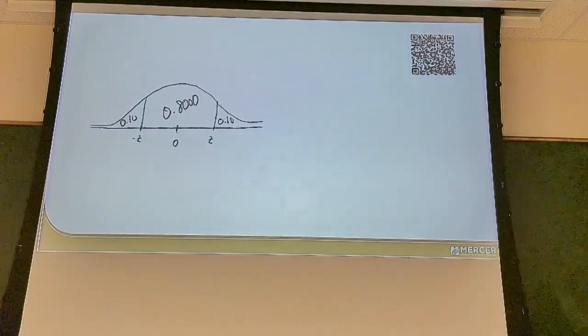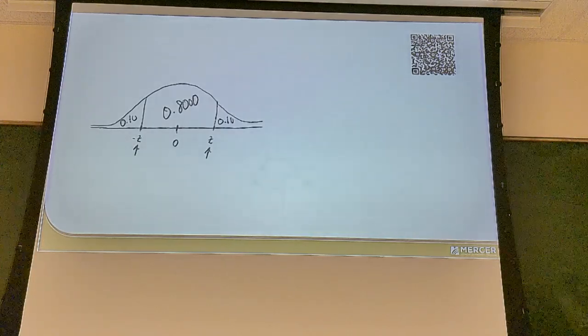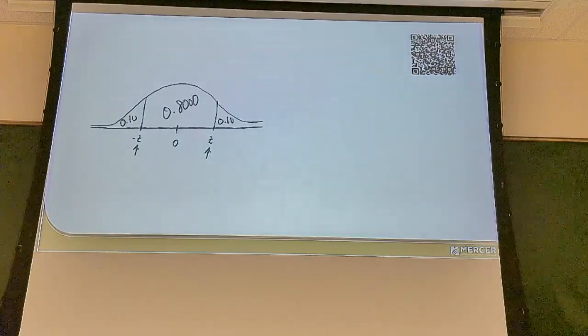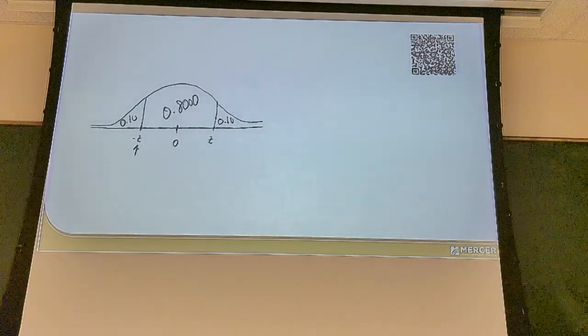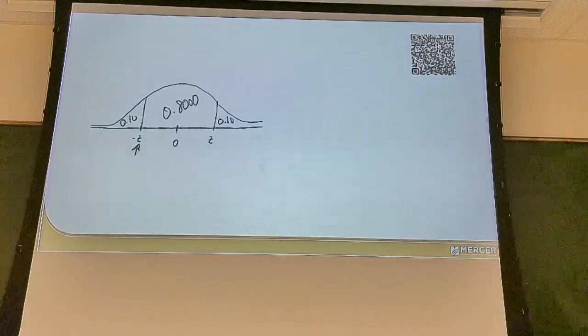Because it is symmetric, you can either find that one or that one. It doesn't matter. The easiest one to find in the table would be that one right there, right? That's the one I'm going to look for.